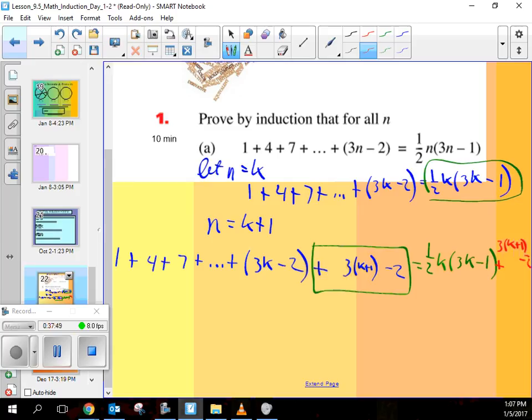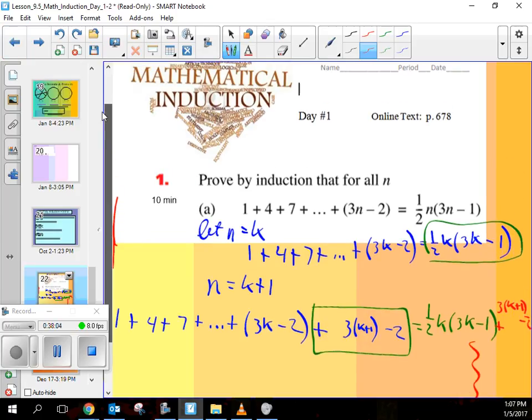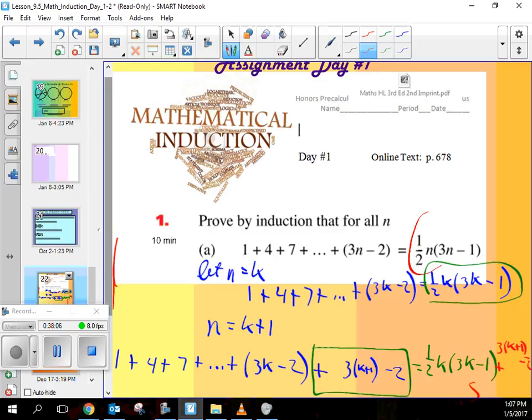Now, we're going to do a bunch of work on this. And eventually, we got to know what our goal is, right? Who remembers where you get the goal from? The original, right here. And you put in K plus 1 here and there. And that will become your goal.